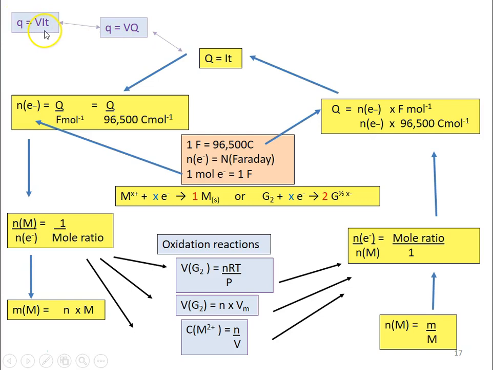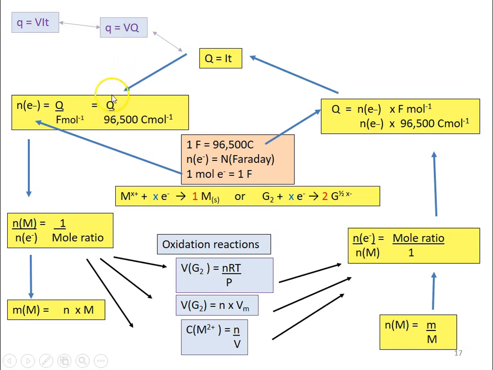If you know the voltage, you could work out how many joules of energy you are adding to that system, or how many joules of energy it took to add those electrons. So V equals IT, or V also equals Q.